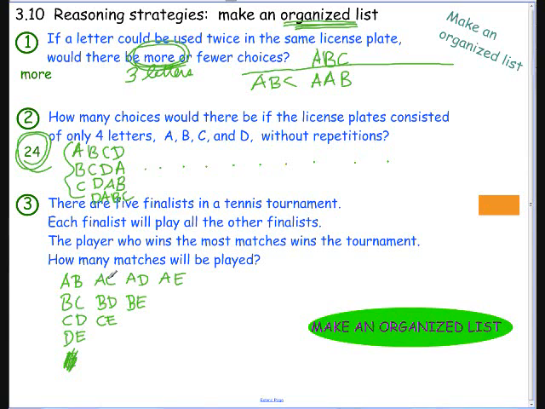So 1, 2, 3, 4, 7, 9, 10. So how many matches will be played? Well, I figure it's 10. Let's see. I made these slides one summer. What did I say back then? 10. Okay, well that's reassuring.